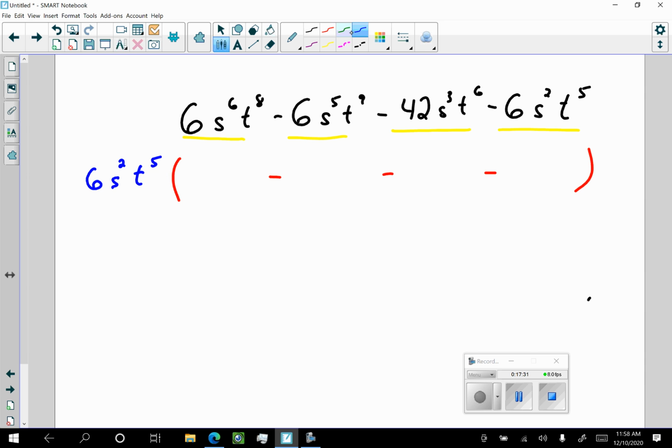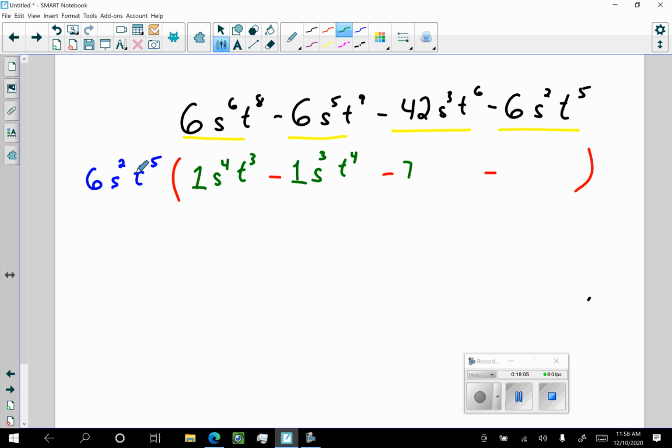So s squared times what is s to the 6th? s to the 4th. t to the 5th times what is t to the 8th? t cubed. 6 times what is negative 6? 1. s squared times what is s to the 5th? s cubed. t to the 5th times what is t to the 9th? t to the 4th. 6 times 7 is 42.